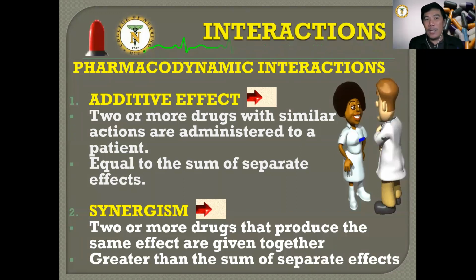Pag sinabi natin it is still equal on the sum of separate effects, pareho din yung effect niya pero mas nagiging effective siya if it is given in 2 or more na mix na siya. Kaya even now there are some pain relievers na sinasamahan ng caffeine plus paracetamol. Yan, which is very significant sa mga migraine attack. Yan, pwede natin masabi yan for additive effects. So tatandaan lang natin 2 or more, sum of separate effects.